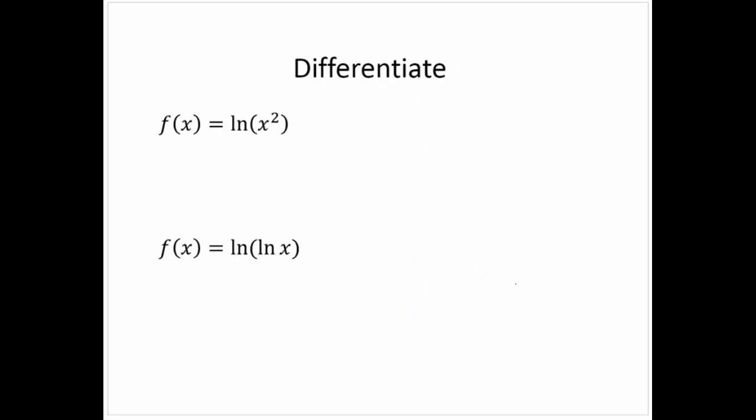Alright, so let's see a couple of examples. Here we're asked to differentiate f of x is equal to the natural log of x squared. I'm going to show a couple of different approaches to this. The first approach, maybe the most direct, f prime of x would be 1 over x squared times the derivative of the x squared.